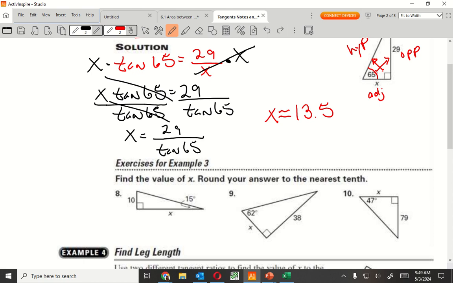This is my reference angle. Opposite the reference angle is opposite, okay? This right here, good, that's the reference angle. The reference angle over this way is opposite. So that means that one is opposite, okay?